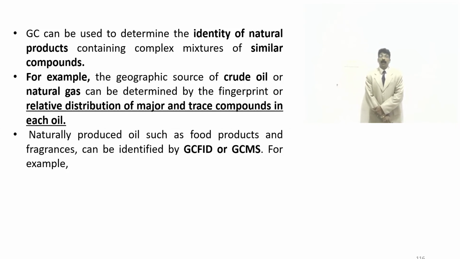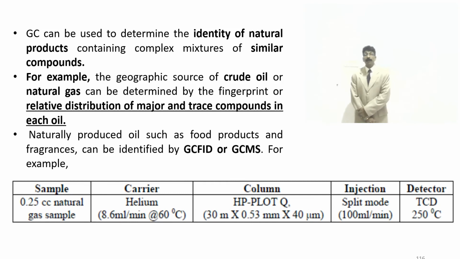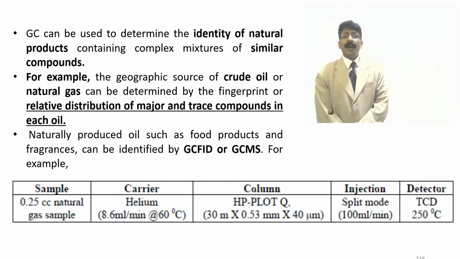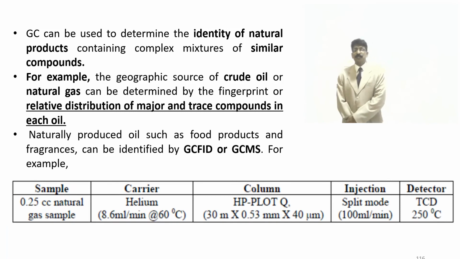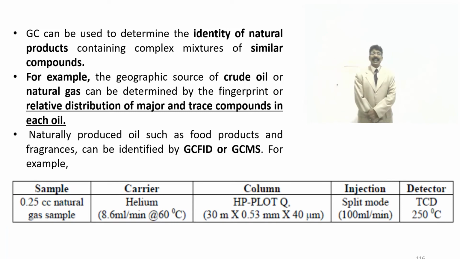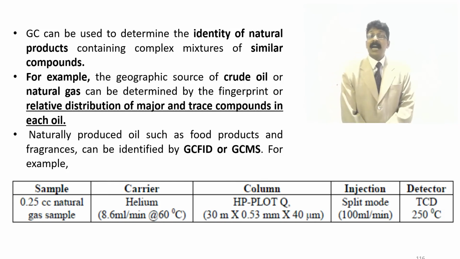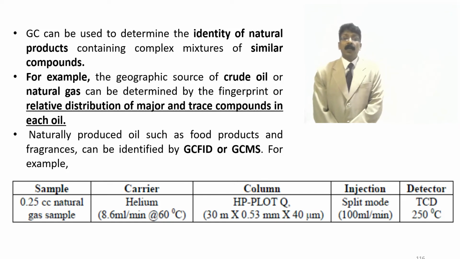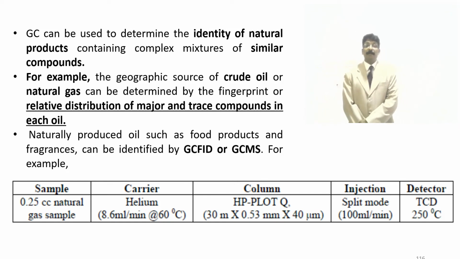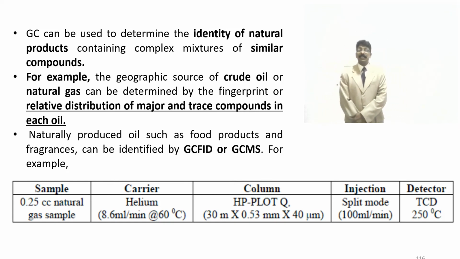For example, we have given an example. A 0.25 cc natural gas sample is injected, and we can find the separation and identification of the compounds using a carrier gas. The mobile phase is helium, 8.6 ml per minute, at 60 degrees centigrade.